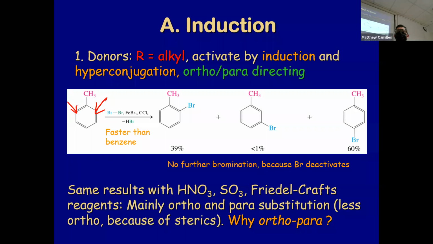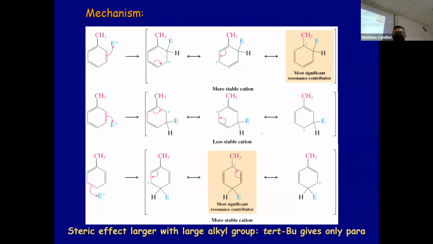And the conjugation, the resonance forms, they will be able to push the charge onto any carbon that you want, which means that carbon 2 and carbon 4 are equally possible to be negatively charged. They are equally possible to be positively charged.